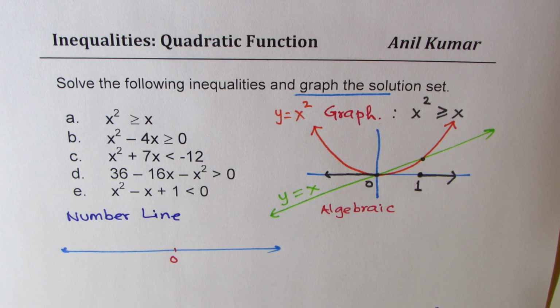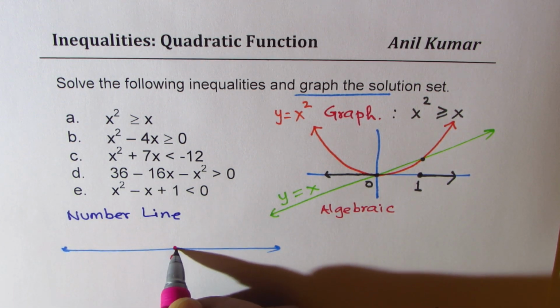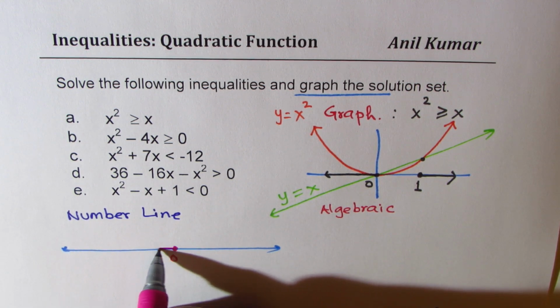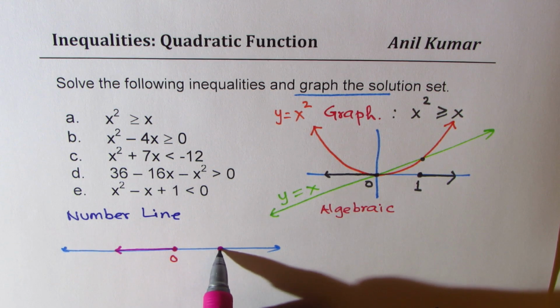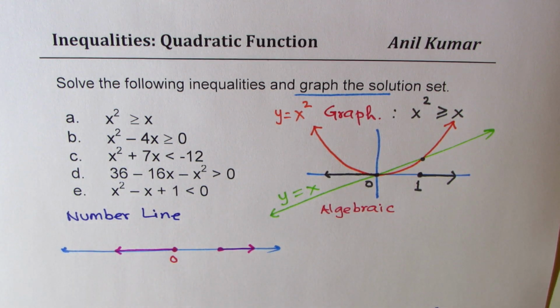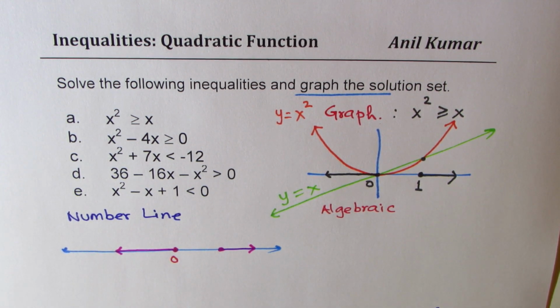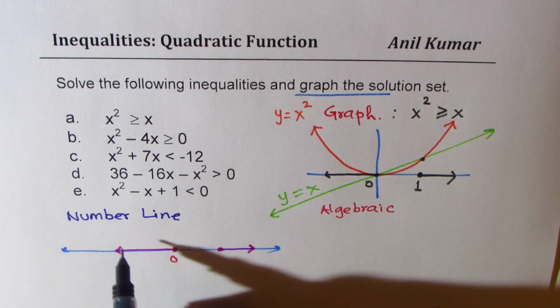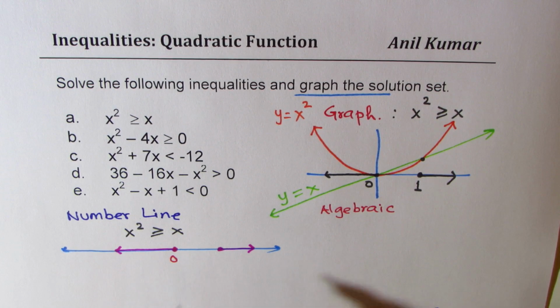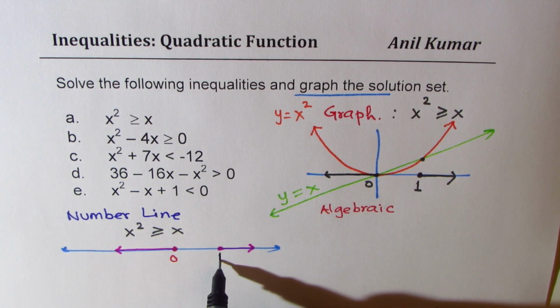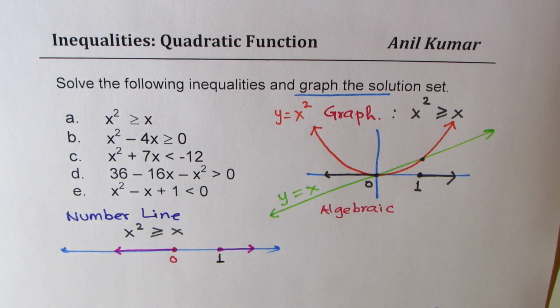So I could represent the solution as left of 0 and the right side of 1. So that becomes the solution of the inequality x square greater than equal to x on a number line, right? So this point is 1. So that is what it is.